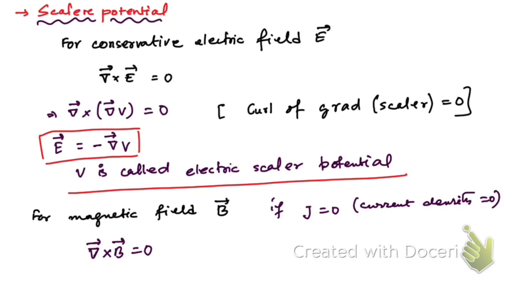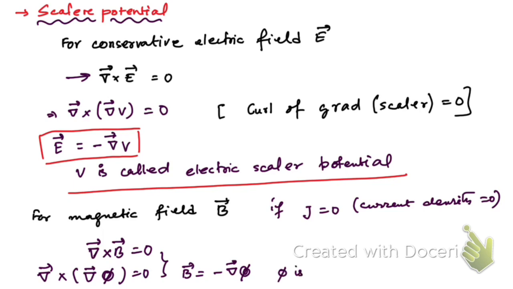As we have done for the electric field, we can express this as the curl of the gradient of some scalar. Let that scalar be phi, then it can be equal to 0. Comparing these two, we can write B vector is equal to negative gradient of phi. So here phi is the magnetic scalar potential.